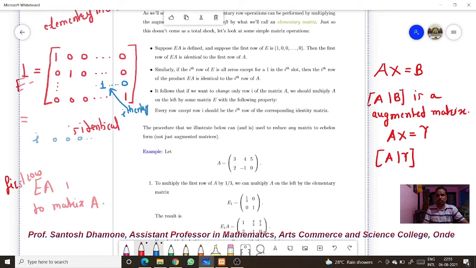We reduce any matrix to echelon form by using these steps.